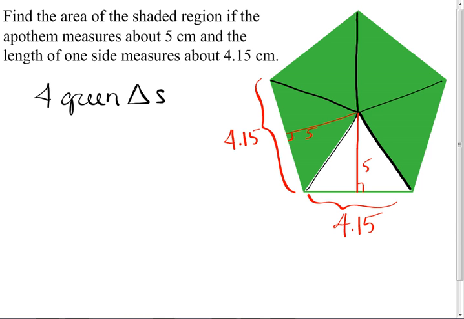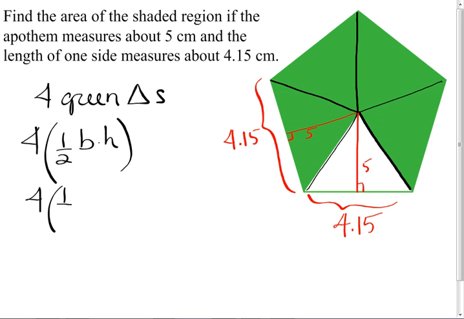So the easy way to do it is to say I have 4 green triangles. And the formula for one of those triangles, I can use base times height, can't I? Yeah. It's 1/2, because that's the same thing. 4 times 1/2, the base is 4.15, and the height is 5.